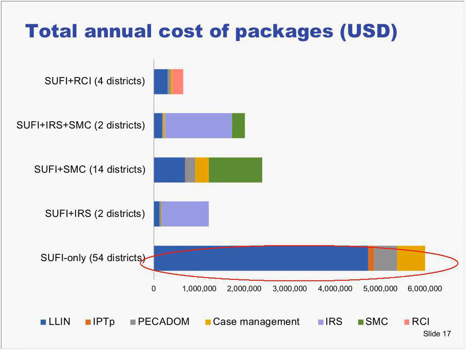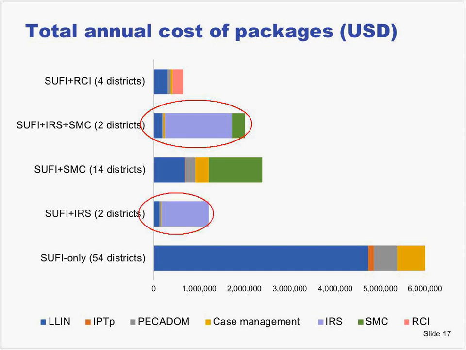Importantly, in Sophie only, in terms of total cost, LLIN is dominant. So the blue piece of the bar is the LLIN part of the cost. We want to note the situation with the total cost of packages where we have IRS. In those, the second bar from top and second bar from left, the purple part, which is IRS, dominates.